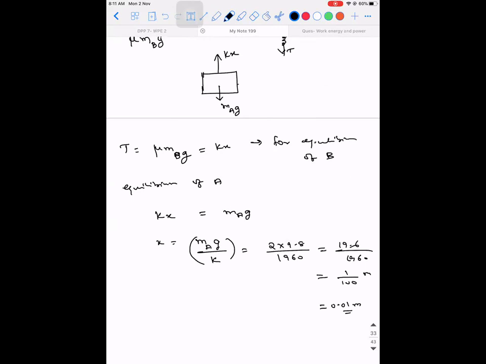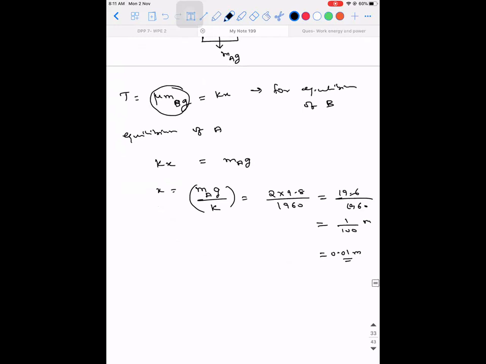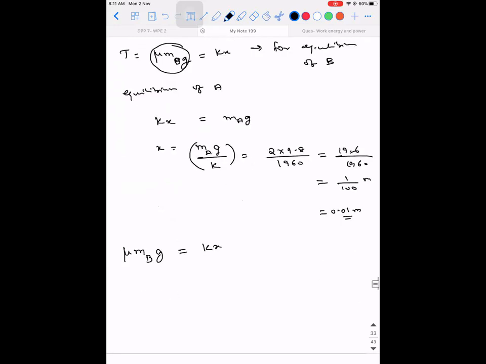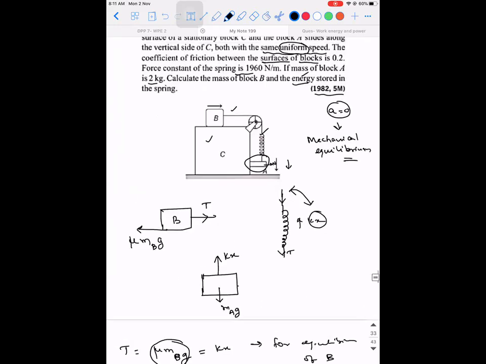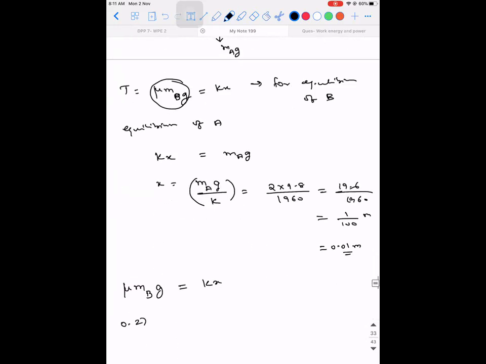Now what else are they asking? They are asking the mass of the second block. We know that mu mB into g is equal to kx. Mu is 0.2. Mass of block B is what we need to find. So 0.2 into mB into 9.8 is equal to 1960 into 0.01.